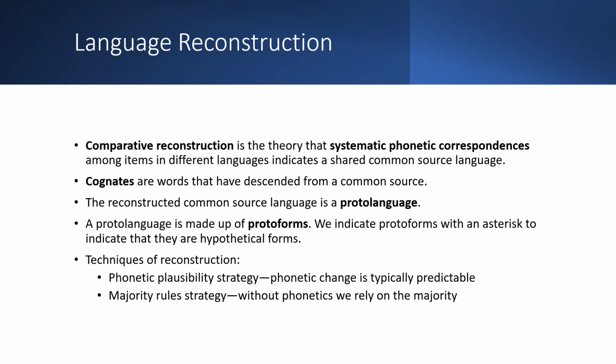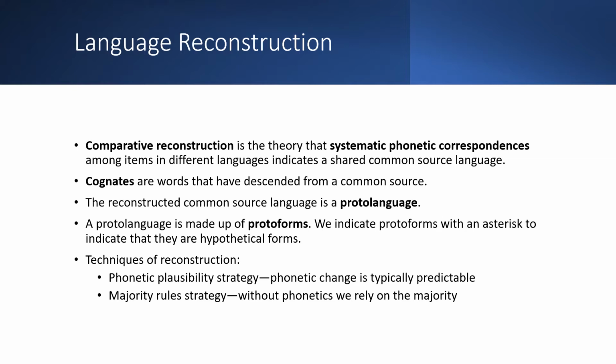We also know that some sounds are possible and some sounds are not possible, either in isolation or in combination, right? In different languages, and then by extension, when we look at comparisons in different language families, okay?